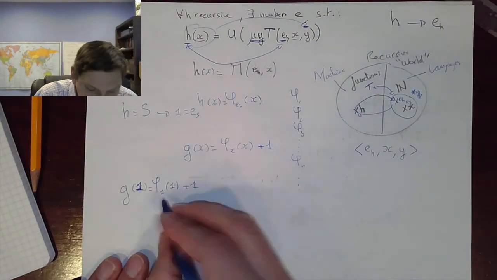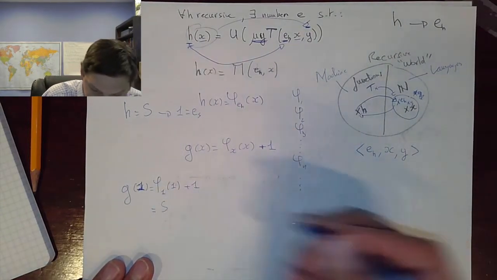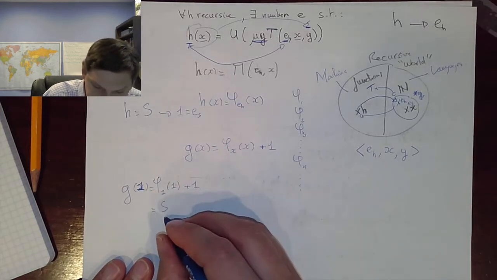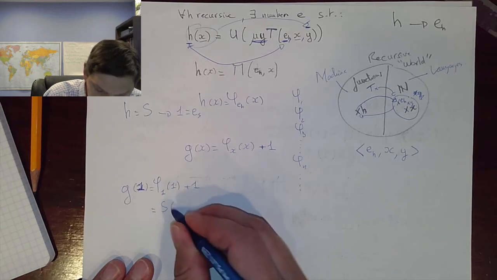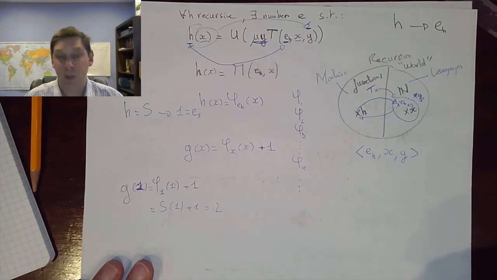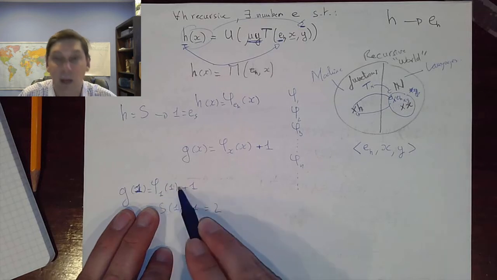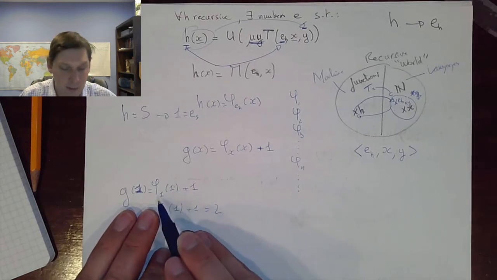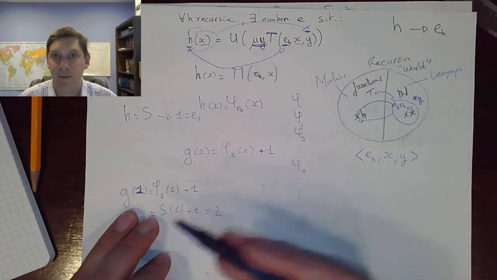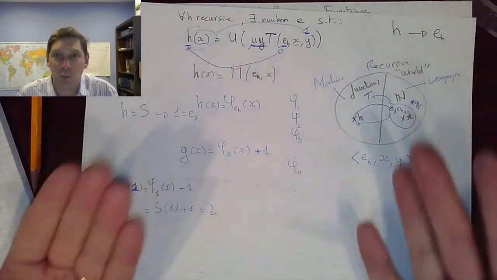If 1 is the code for S, it's going to be S of 1 plus 1, which is 2. But it's a bit arbitrary that you only apply S to 1 just because the code of S is 1. The code, again, is something very arbitrary too. But we assume that that's what we do.